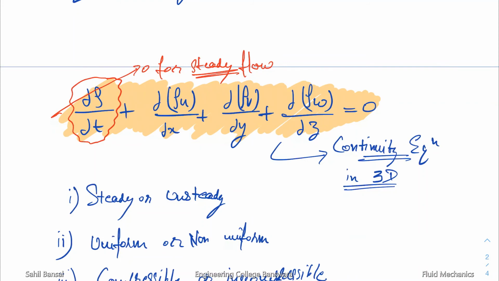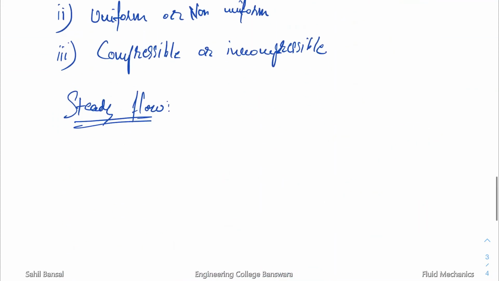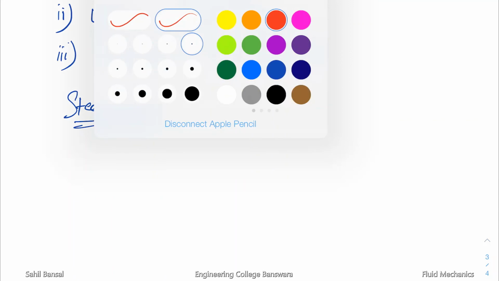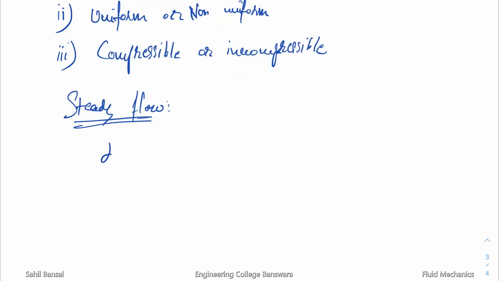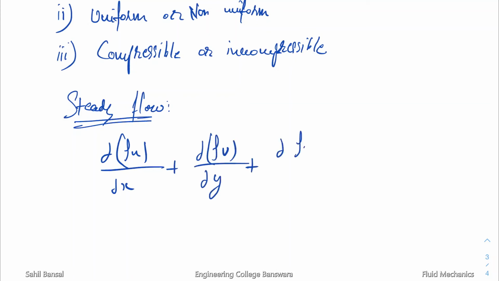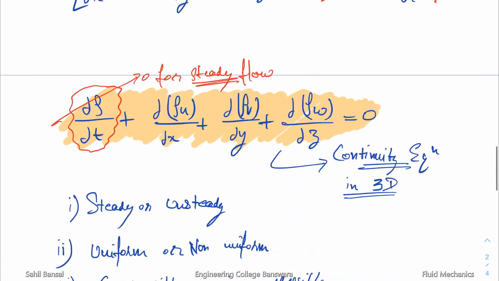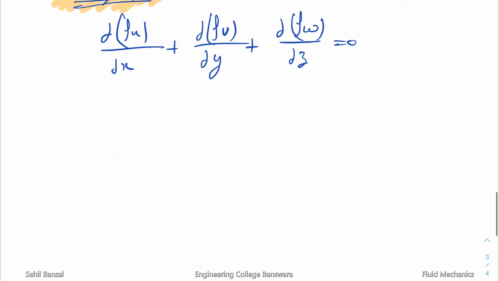So del rho by del t will be 0 for steady flow. Then what will be the equation? My equation will come out to be del rho u by del x plus del rho v by del y plus del rho w by del z equal to 0. This is my equation for steady flow. Continuity equation in 3 dimensions for steady flow will be this one, right?